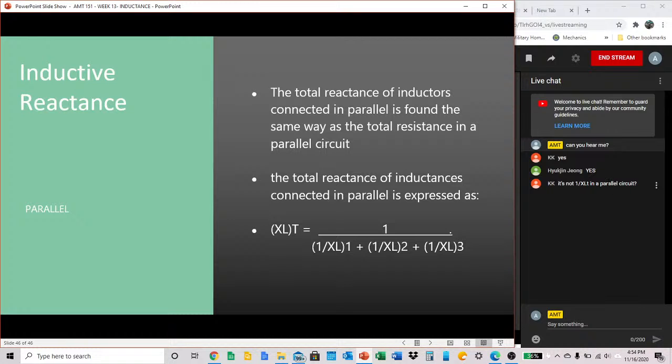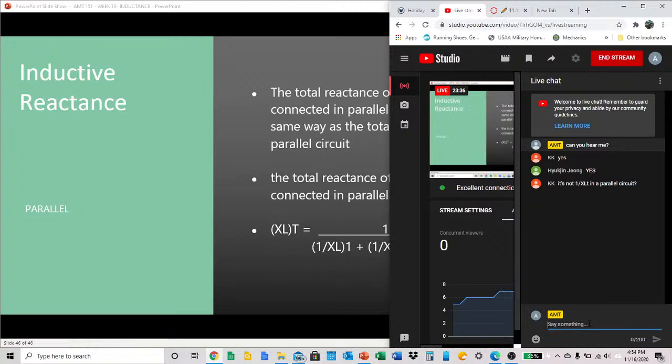I'm not sure what you're asking, but here, let me type this in the chat, because you can also see this formula written as 1 over XLT, so your XL total equals 1 over XL1 plus 1 over XL2 plus 1 over XL3, and so on and so forth.